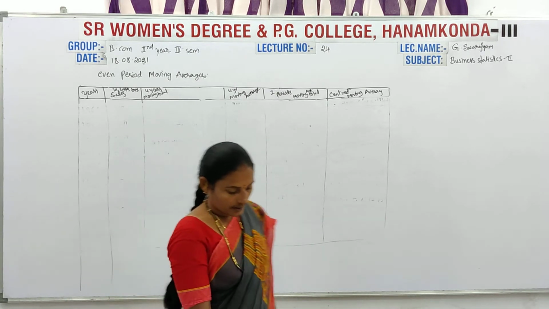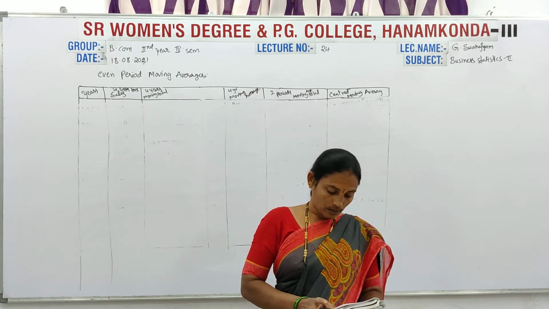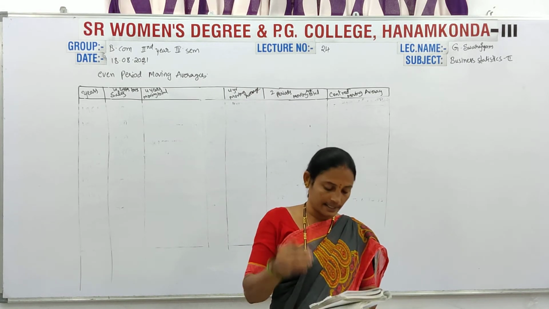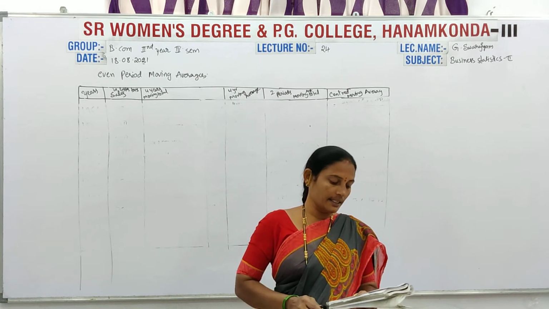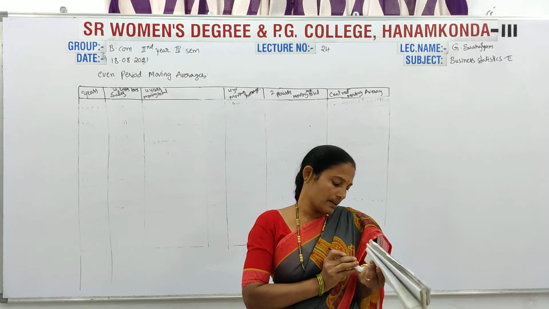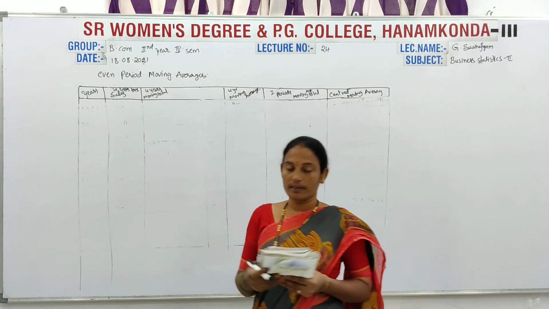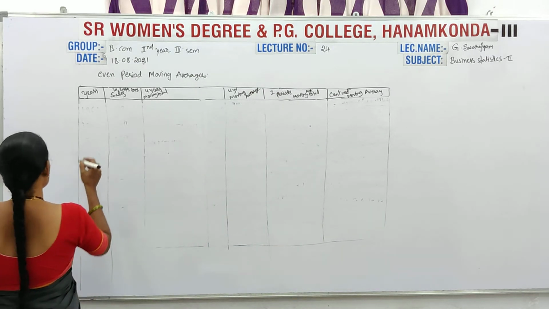So here the number of years given is 12 years. 12 years of data is given. So you have to calculate the 4 yearly moving average, and the centered trend values are to be shown on the graph. Trend values also have to be calculated. Then we have to draw the graph.